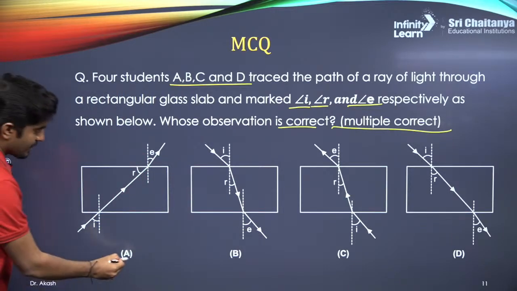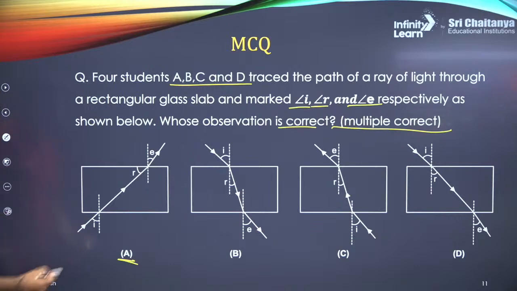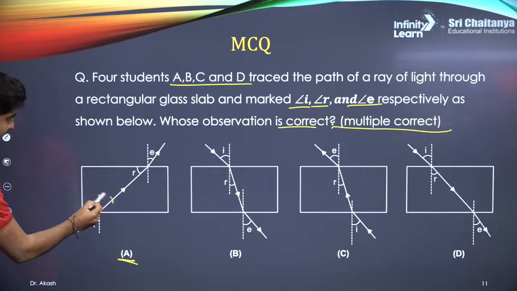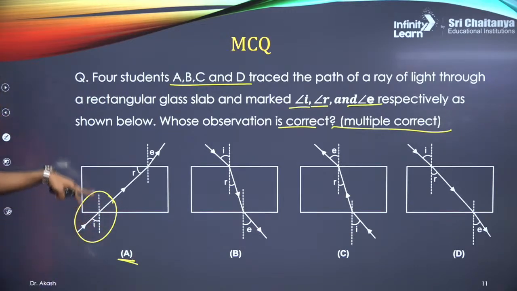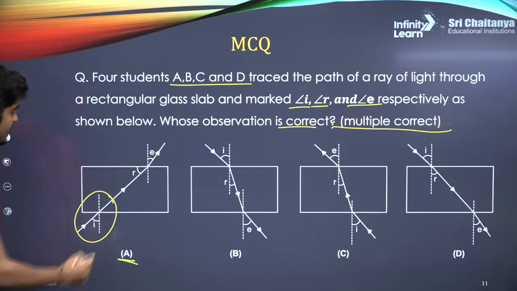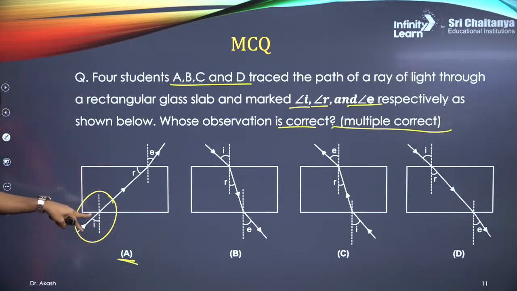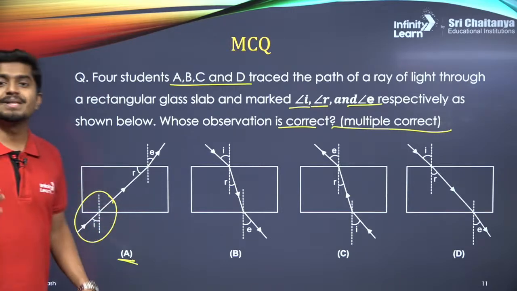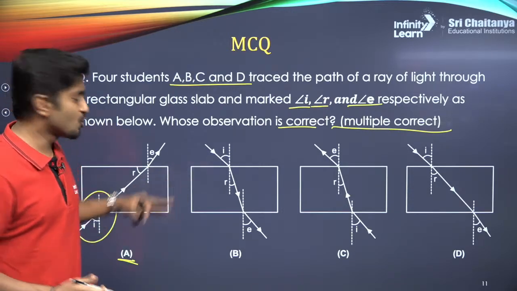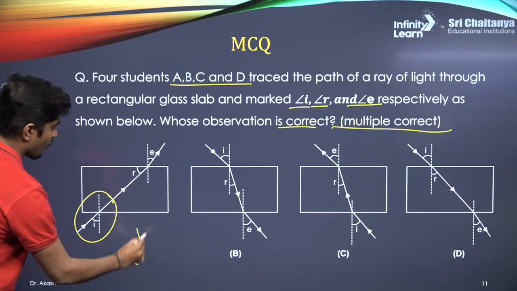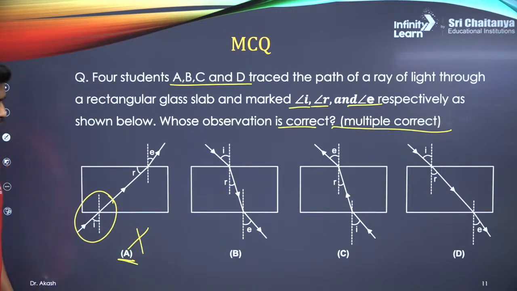Now look at option A. Here this is the angle of incidence, but is there any bending of light? There is no bending. Can you see light should bend? When light is going from air to glass, there should be some bending of light which is not shown. So this is wrong.